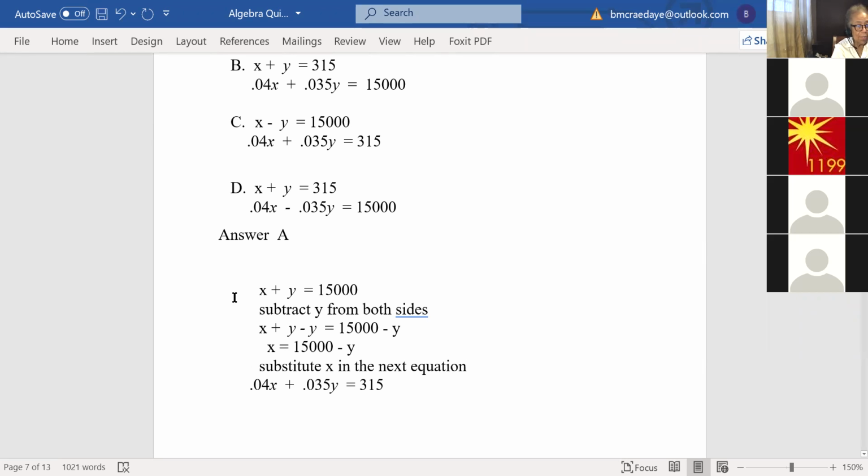In this equation for X, we want to put 15,000 minus Y, right? Because then we'll have just one unknown. So for that X, let's put 15,000 minus Y. Now, Audrey, what do I get on the left side?